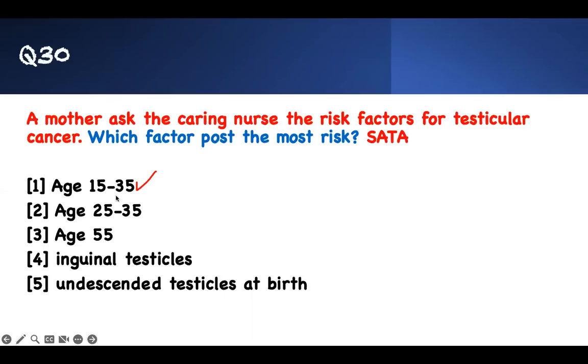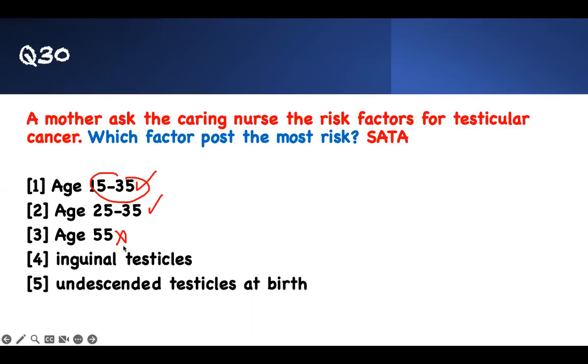This is also within the same age, 25, but this is the most common age group. After 35 it's usually very low, but it all depends on where the testicle is located. If the testicle is in the scrotum, it's better, but your chances are still high until you pass that age.